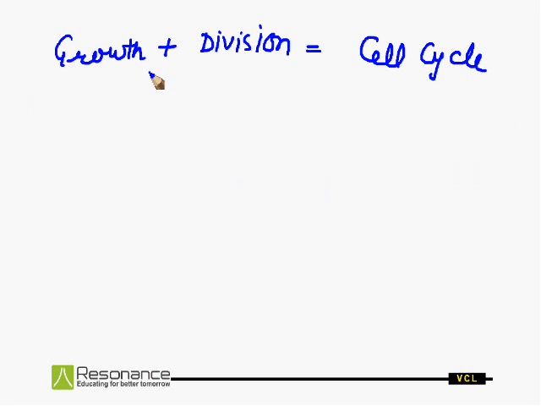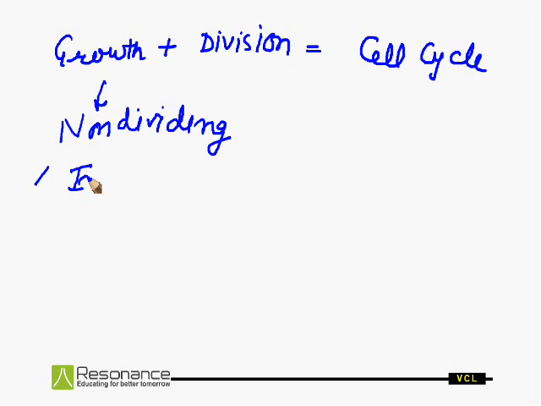The first one is growth and the second one is division. This growth phase is also called the non-dividing phase, or we can say it's a phase between two division phases. That's why this is also known as interphase.